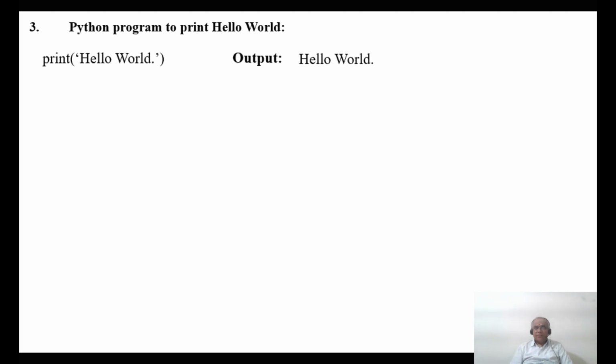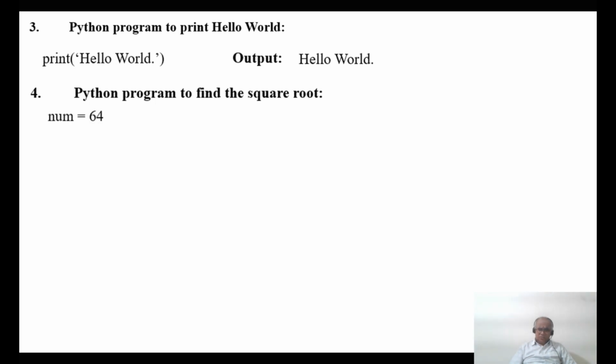Output is hello world. Now similarly, I want to find out the square root of a number. There are several methods in which I can do that. Num is equal to 64. I want to find out the square root of that number. So SR is equal to num double star 1 by 2, that is the square root of num.